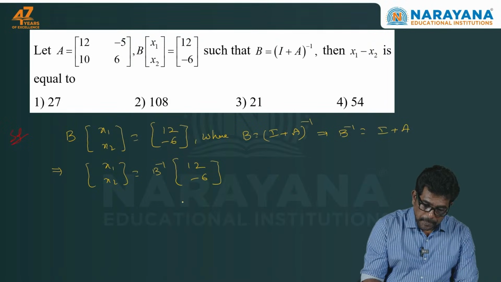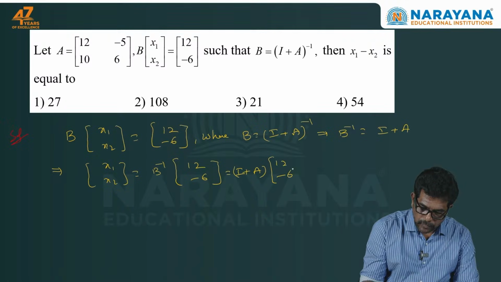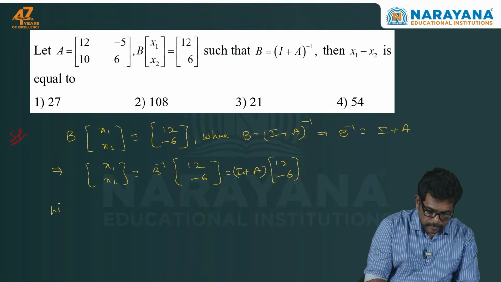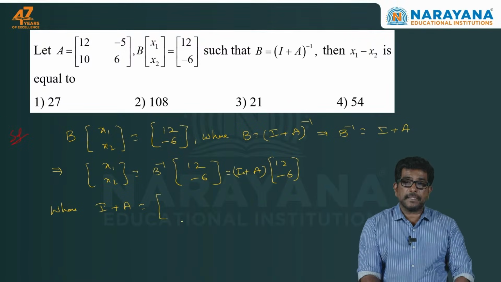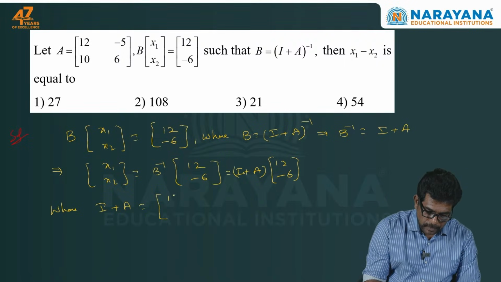Now we are going to simplify this. B inverse is I plus A, into the matrix [12; -6], where A is equal to [12, -5; 10, 6]. So I plus A is equal to [13, -5; 10, 7].